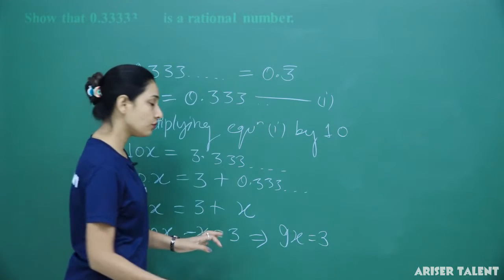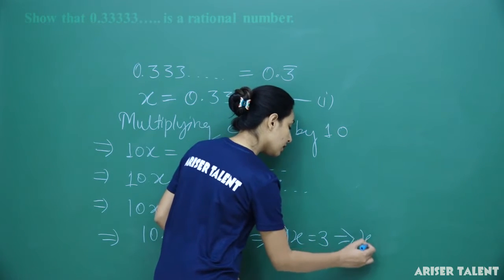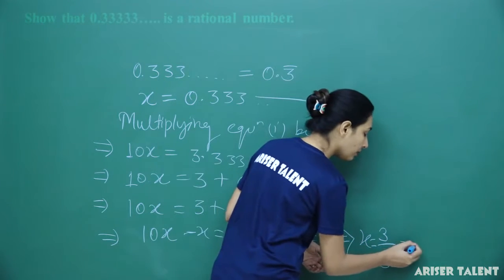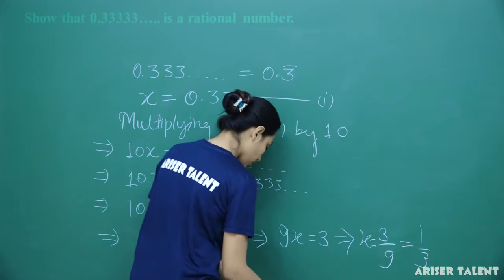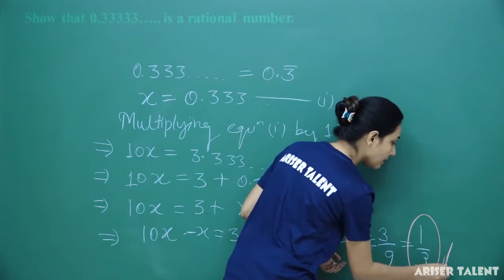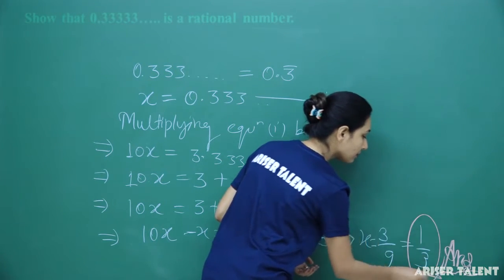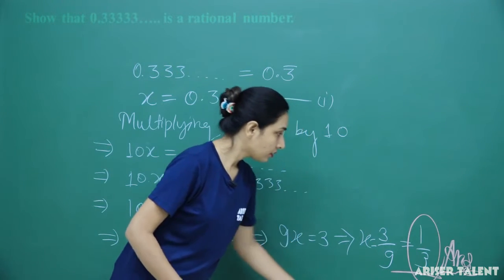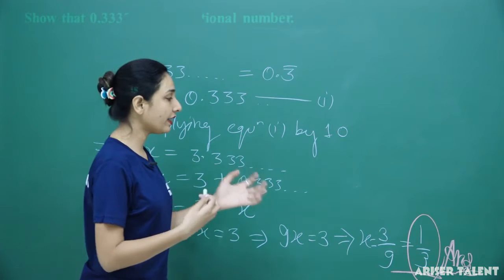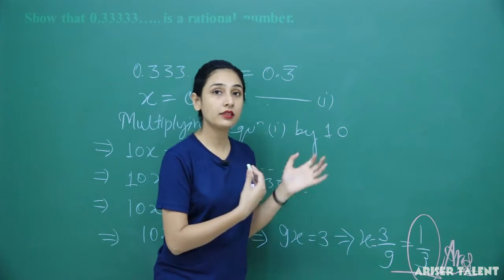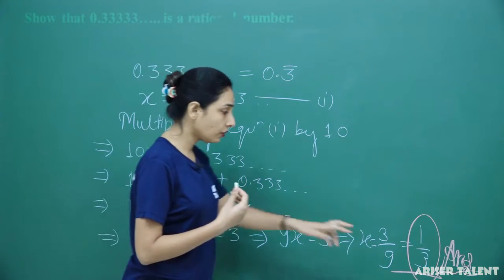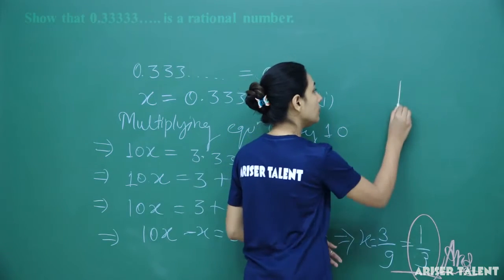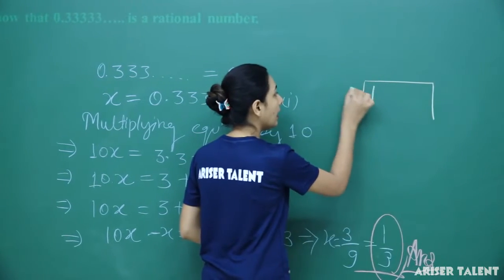Now if 9x equals to 3, that means x equals to simply 3 by 9, or can I say 1 by 3. So this should basically be my answer. Now how do we check whether my assumption or method is right or wrong? We can just find the solution of this. So can we have 1 here and 3 here.